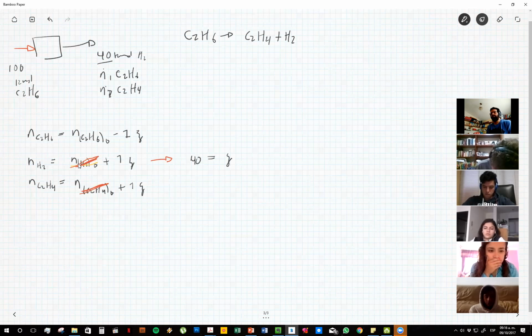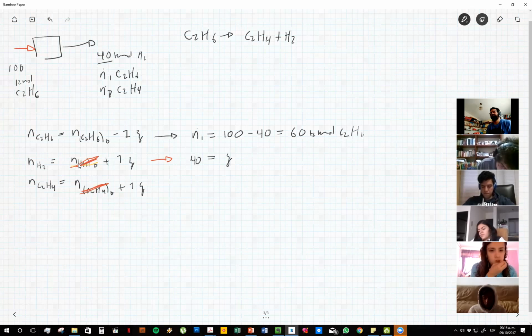Then the only thing we have to do is substitute in the other equations. For C2H6, we want to find the final number of moles, N1. It's equal to the number of moles at the beginning, that is 100, minus 1 times the extent of the reaction, which is 40. So we have at the end 60 kilomoles of C2H6.